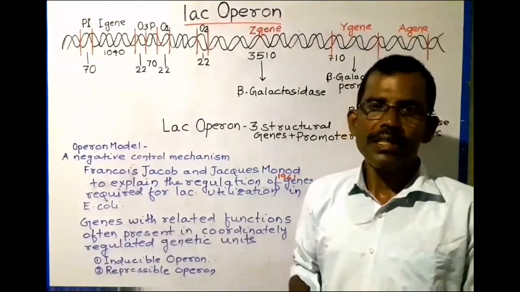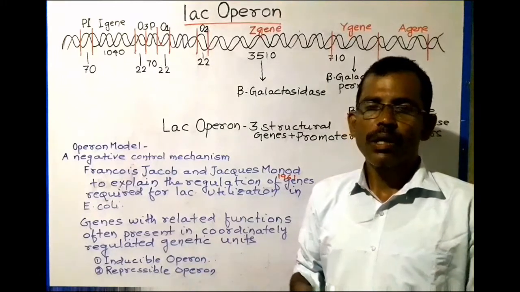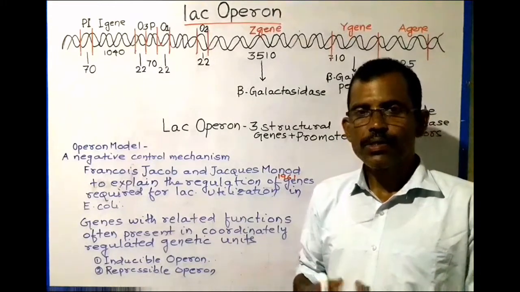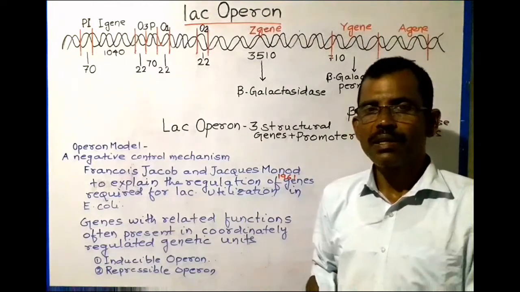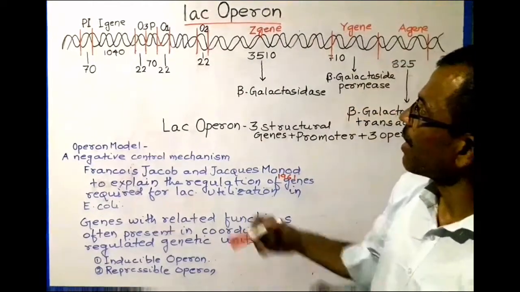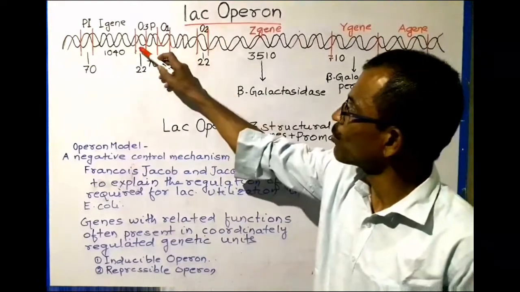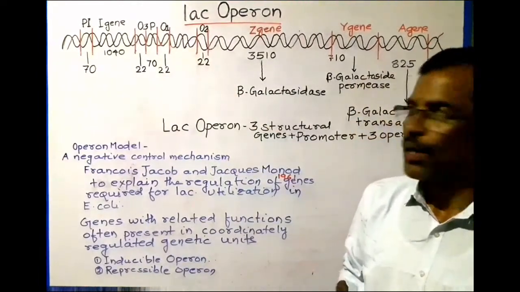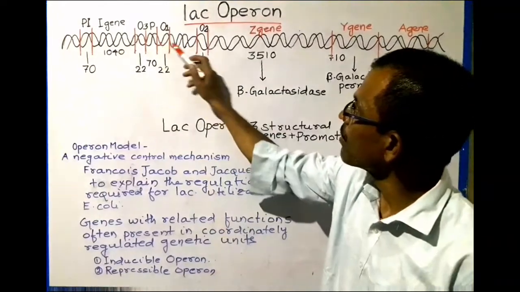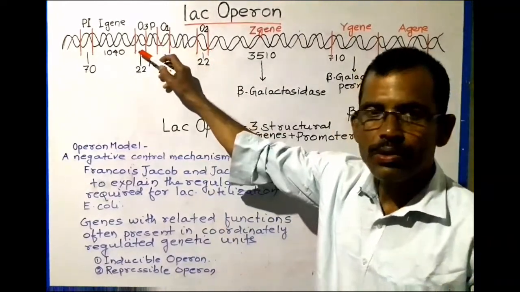Subsequently, two additional operator regions were also discovered. These two operator regions are designated as O2 and O3. So the LAC operon contains three operators: O1, O2 and O3.